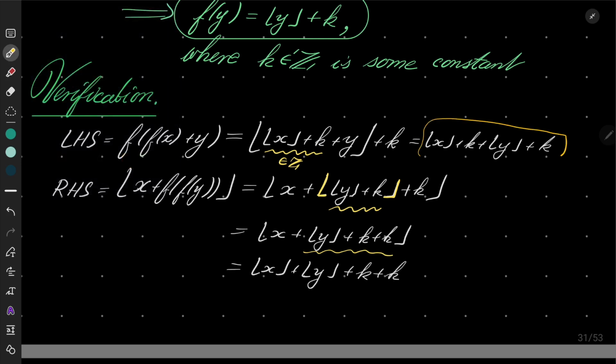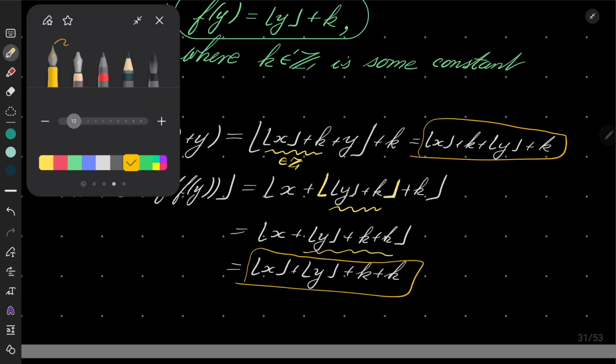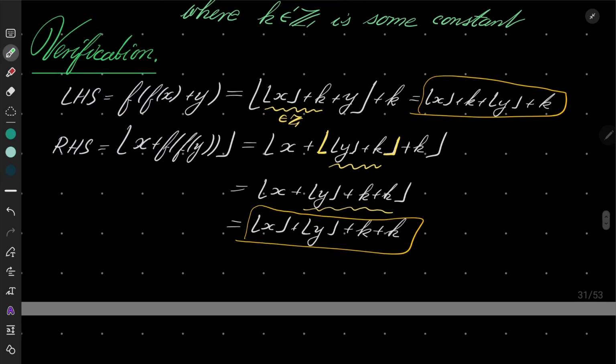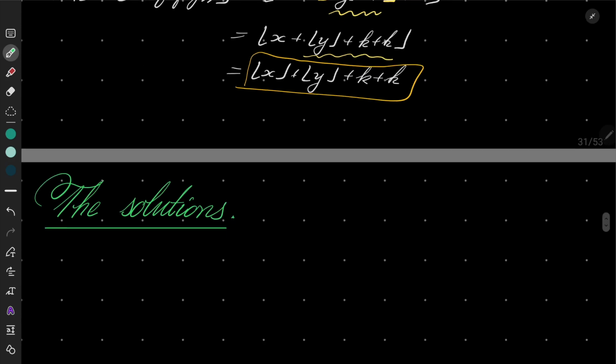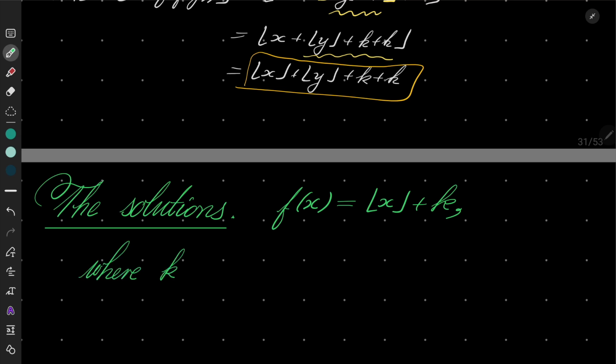This quantity right here and this, they are exactly the same, which means that the solutions of our problem are functions of the form f of x equals floor of x plus k, where k is an integer.